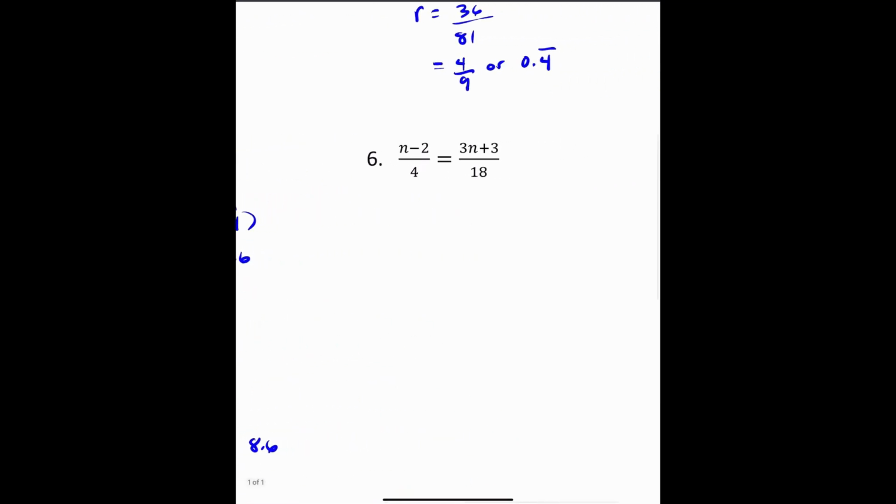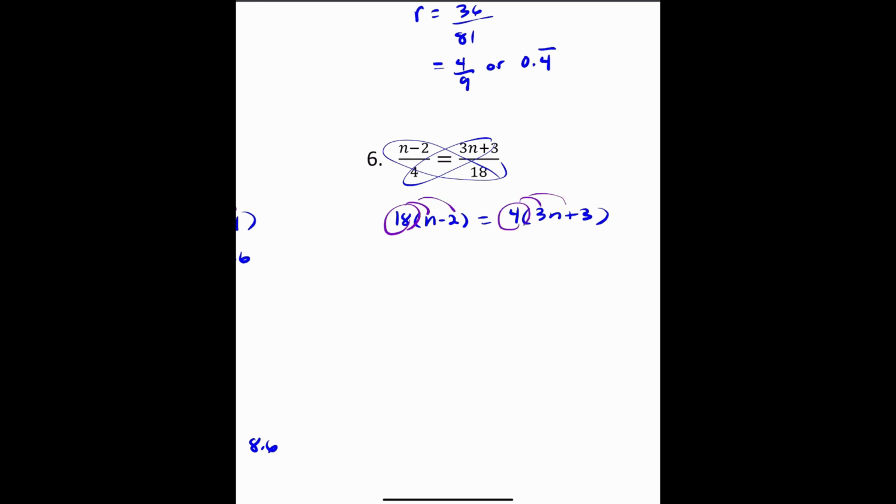All right, moving on to number 6, we have n minus 2 over 4 equals 3n plus 3 all over 18. Cross multiply. So I have 18 times the quantity of n minus 2 equals 4 times the quantity of 3n plus 3. Take the 18 and distribute to each term.